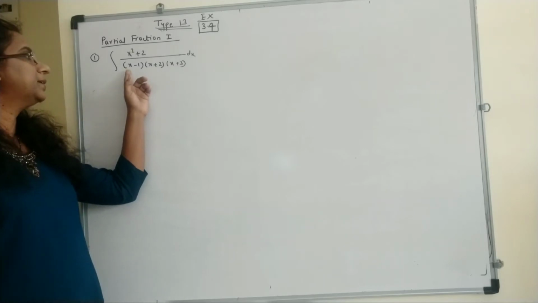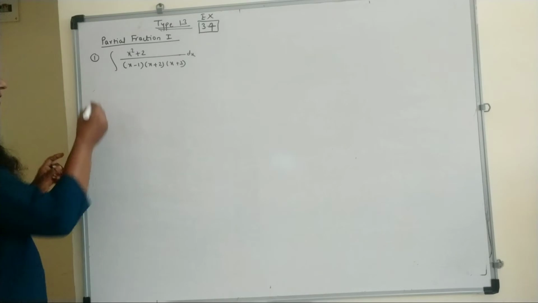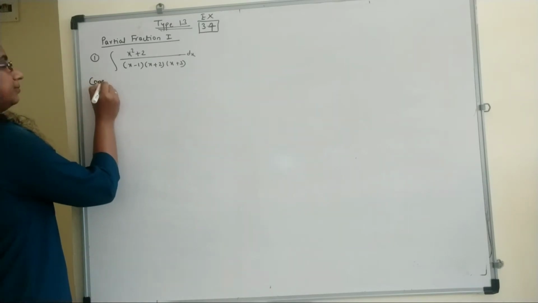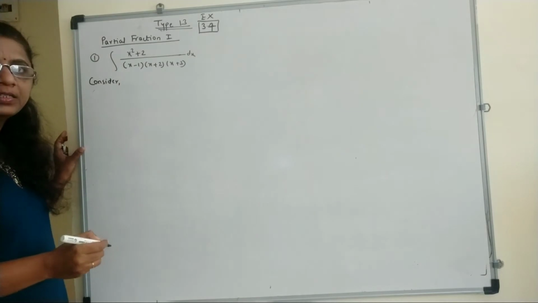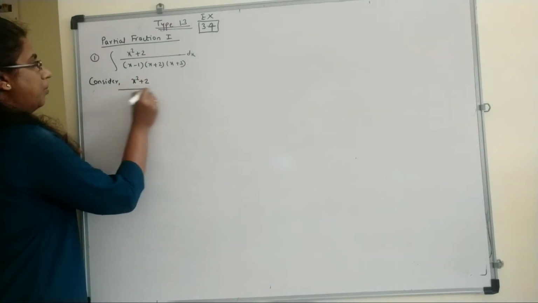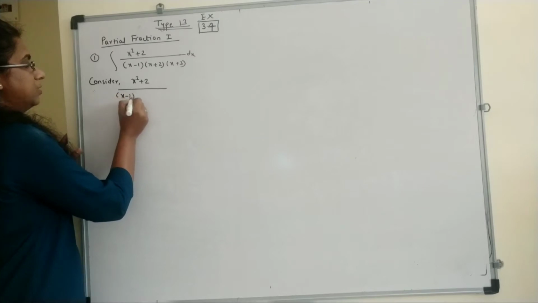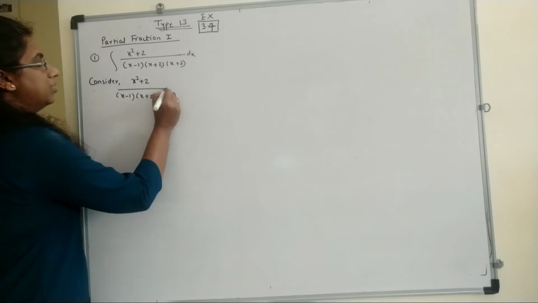See here, the denominator contains linear factors. So in this case we consider the integrand separately, that is x square plus 2 upon x minus 1 into x plus 2 into x plus 3.